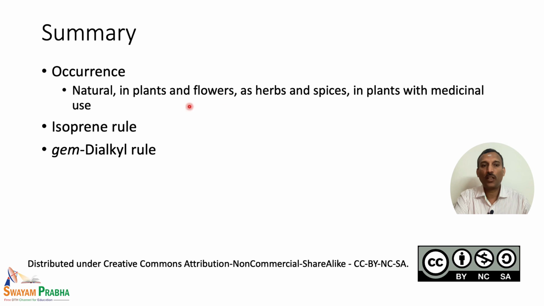Later on we studied the isoprene rule, how it was developed, and how head to tail combination and tail to tail or head to head combination lead to different types of terpenes. We have also looked at various examples like lanosterol, squalene and other compounds, to see how the isoprene rule can be applied to them.